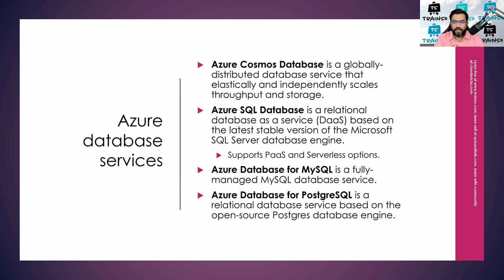Core SQL is one of the models, which is document based, or you can go with the MongoDB based, or the Cassandra based, or the graph based. So there are a lot of options within Cosmos DB itself that you can choose. And there are also very easy migration paths, for example, from a standalone MongoDB to Cosmos DB, or from Cassandra to Cosmos DB.